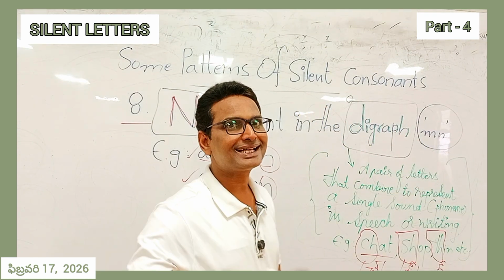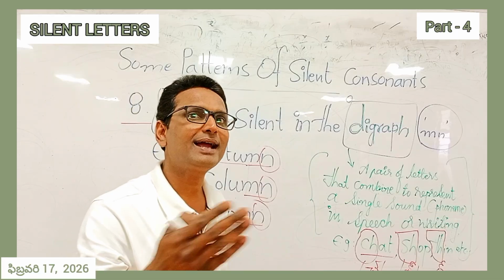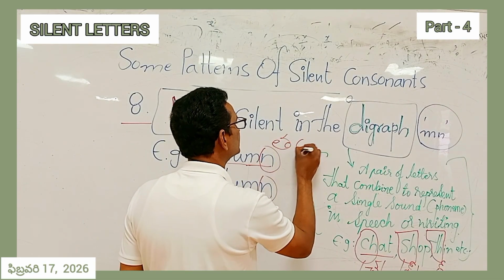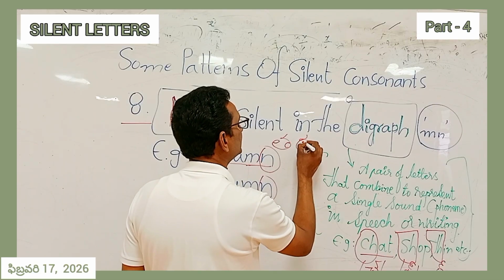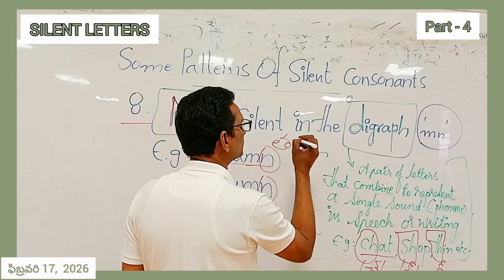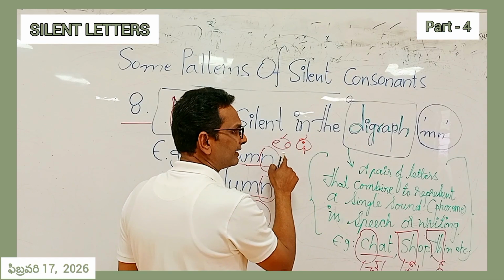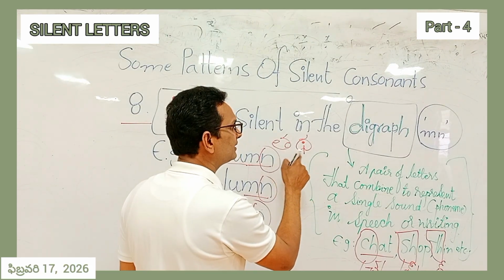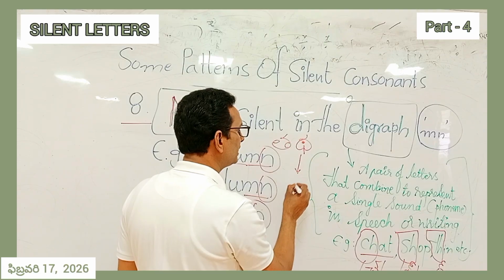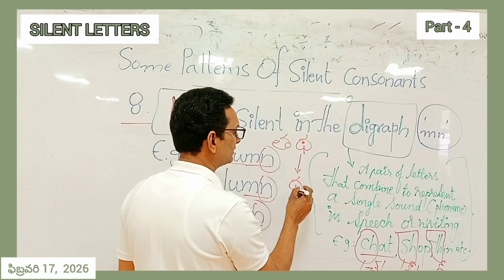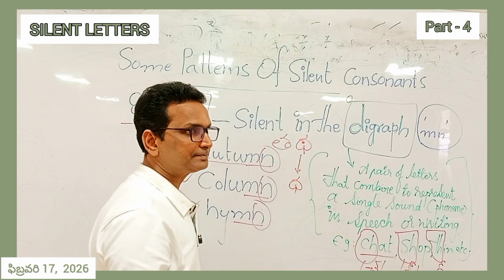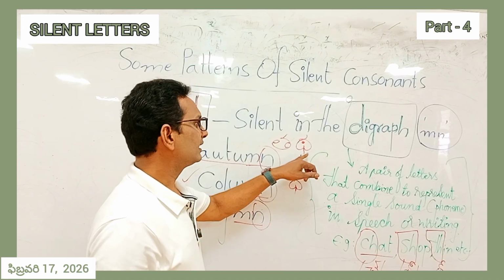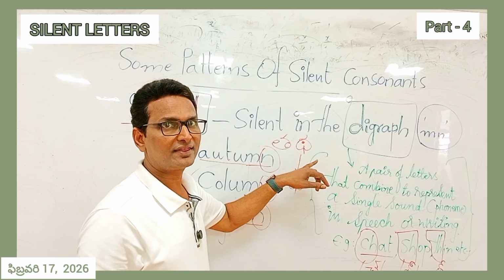In Telugu, we have ta and tha. The first is ta and the second is tha. But there is a dot in the middle of one and a stroke in the other. This is ta, this is tha, and this is quite different from dha. For instance, Dhanaraju.